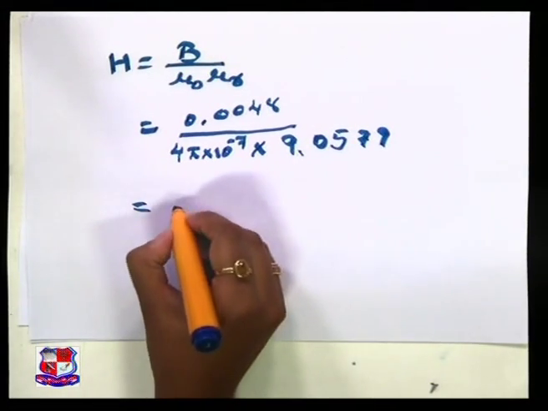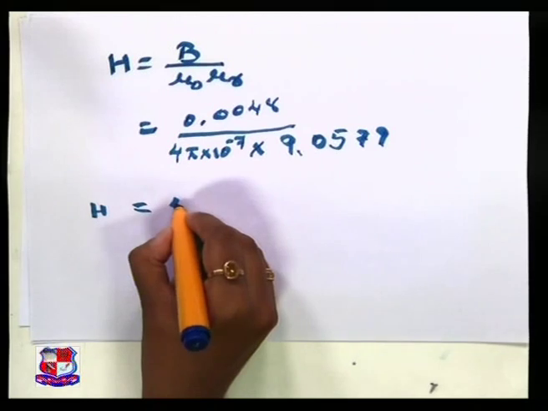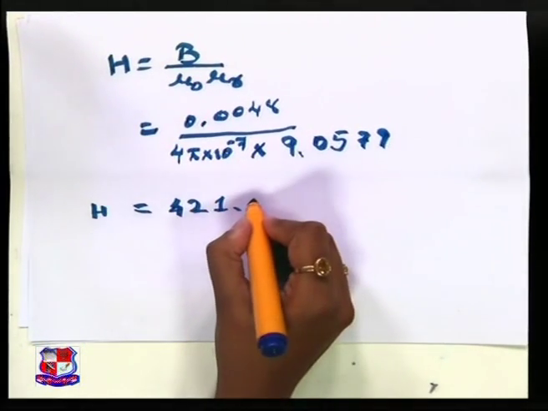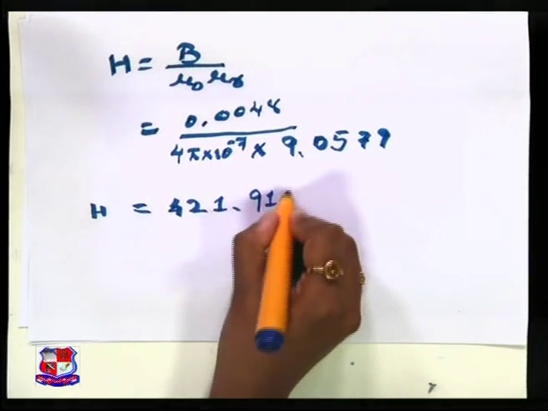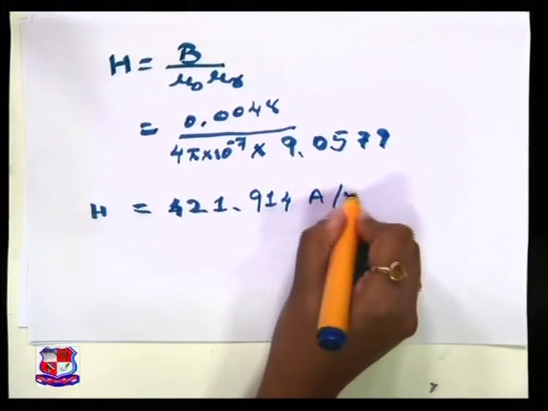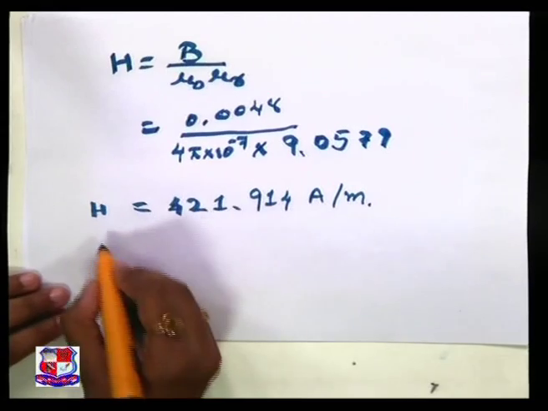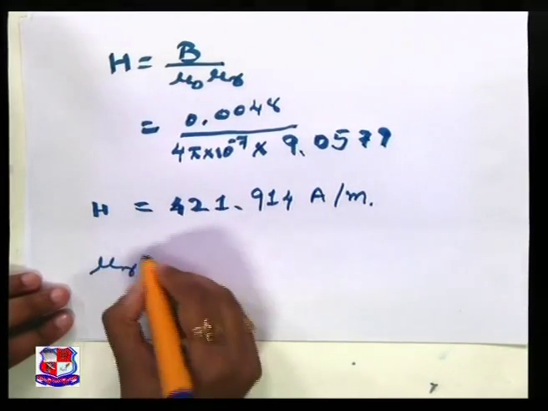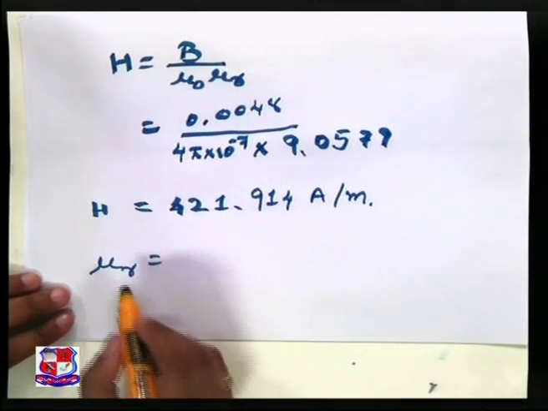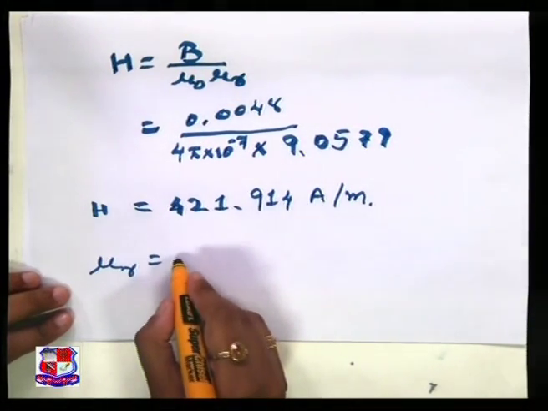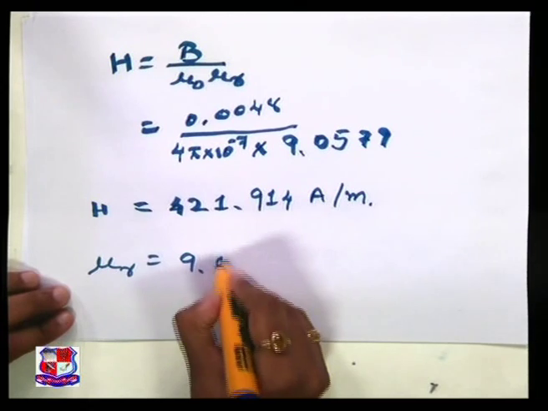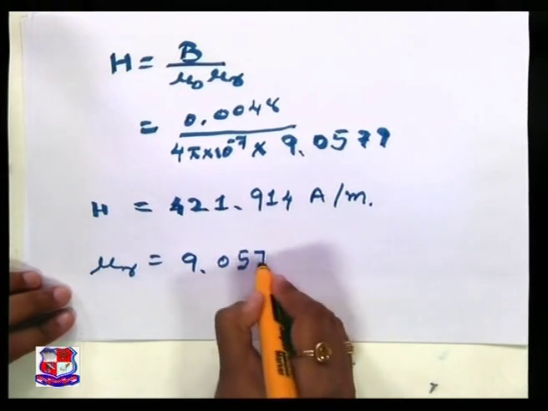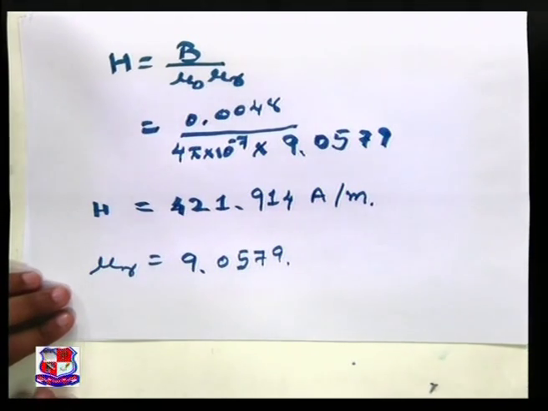So what is the answer? H is equal to 421.914 ampere per meter. So we were given two quantities, and we have found another two quantities in terms of H, that is magnetic field, applied magnetic field, and the relative permeability 9.0579, that is mu r.